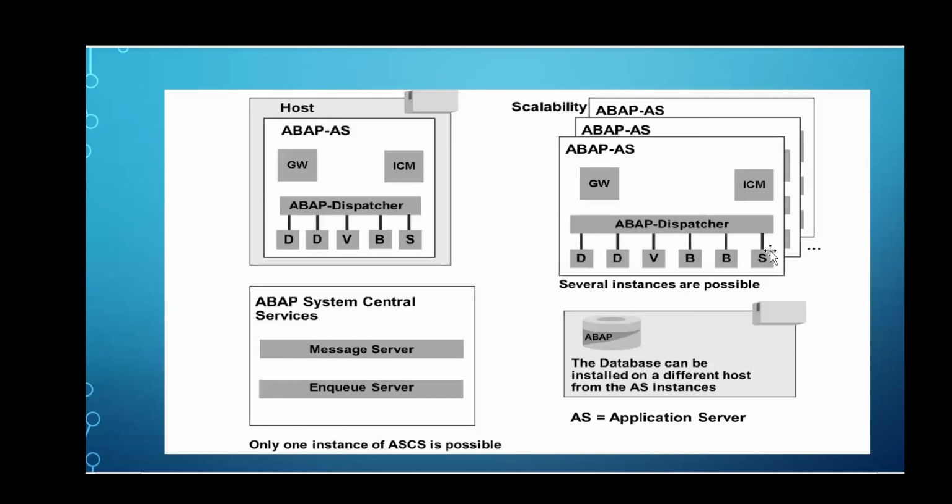Like in the previous ABAP, we have the ABAP message server here, only in the first block. Okay. ABAP message server, gateway and then ICM. What about here?